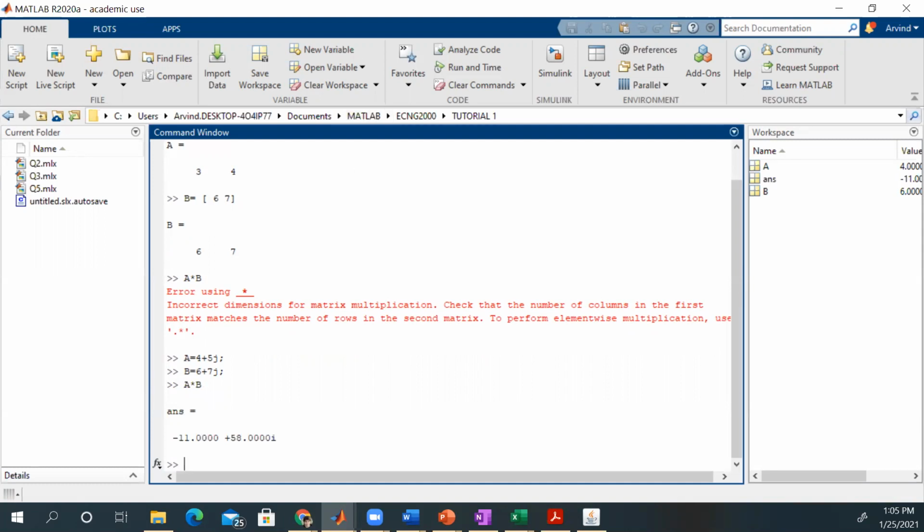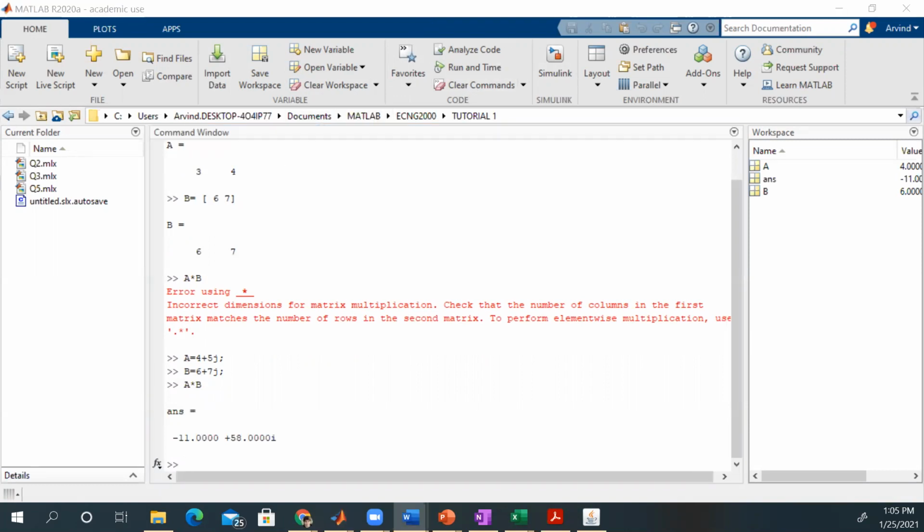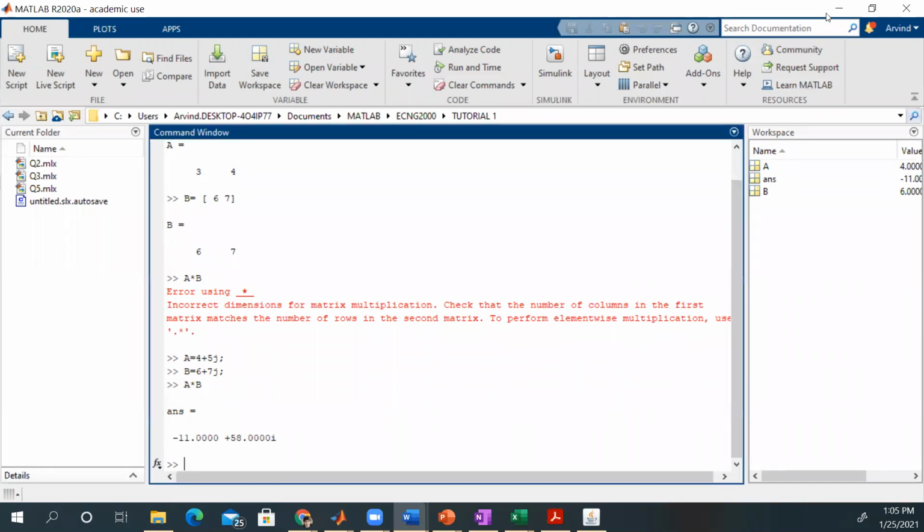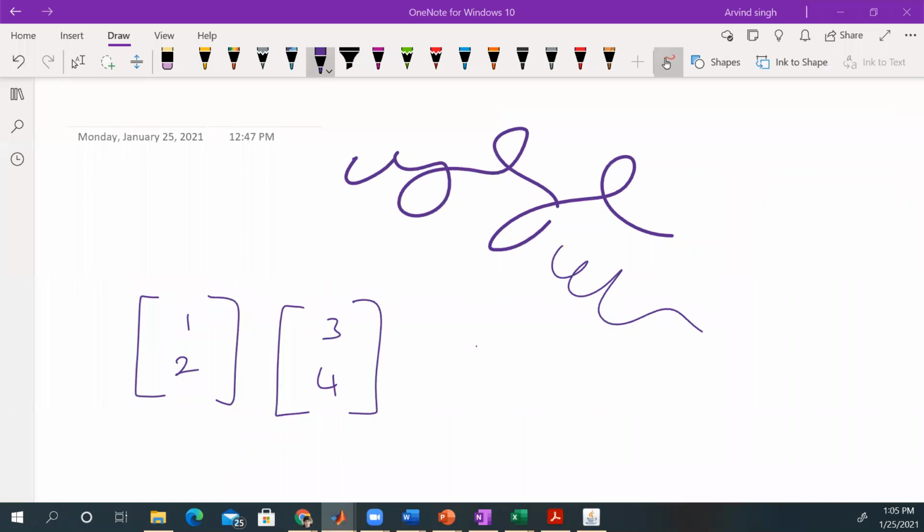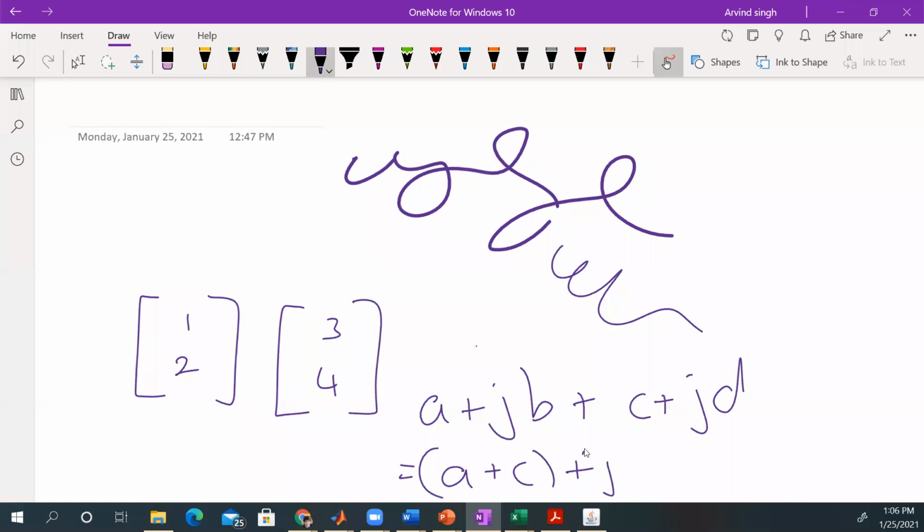The difference is in these operations like multiplication and so on, and that is really all you need to know about it. The big thing with phasors, if you will remember, is that when we add, we usually leave it in the complex form. So if I have A plus jB plus C plus jD, that will give me A plus C plus j(B plus D).